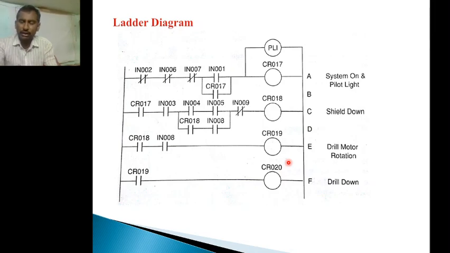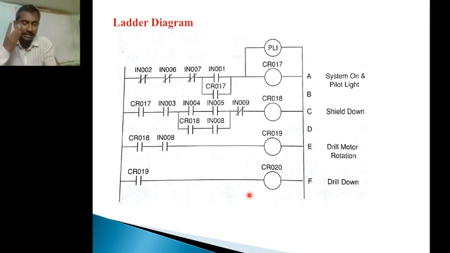The driller rotation can be represented by the CR019 output. As long as the CR019 output is there, the drilling takes place, and when the driller reaches the bottom position, CR020 will be on, and another sensor will be activated. That sensor is LSDD, limit switch drill down.